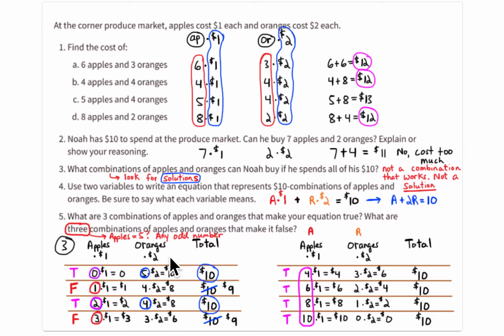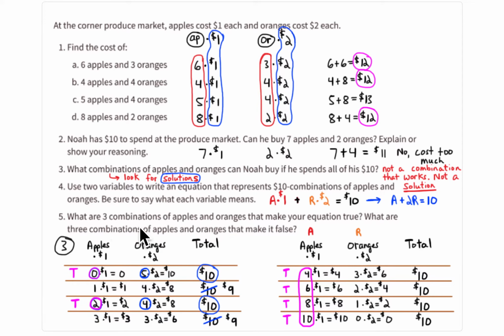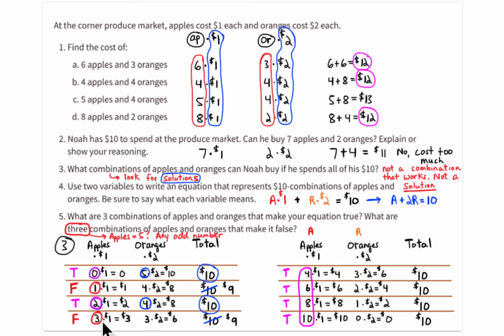All right, so it says what are 3 combinations of apples and oranges that make your equation true? Well, I have 1, 2, 3, 4, 5, 6 combinations right here. And what are 3 combinations of apples and oranges that make it false? Well, we listed 2 of them. Whenever you have an odd number of apples, then it doesn't work. So if I were to use 5 apples, for example, that's $5.